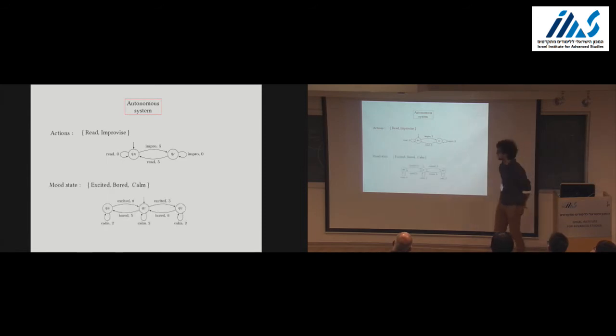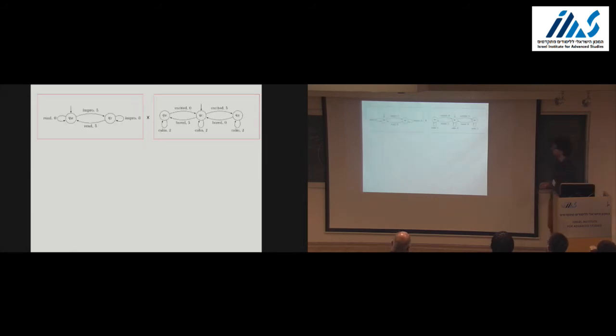But it also has a mood state, and it can be excited, it can be bored, or it can be calm, and alternates among those mood states following the equivalent automata. So now, if I think about the teacher system, I can compose those two automata.